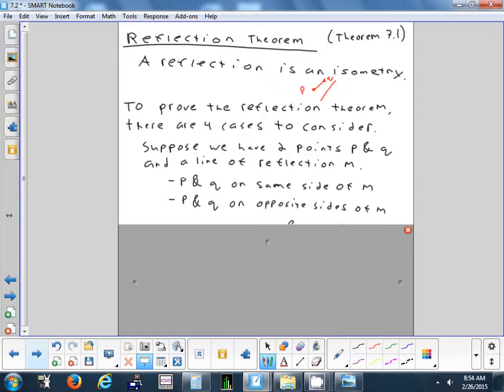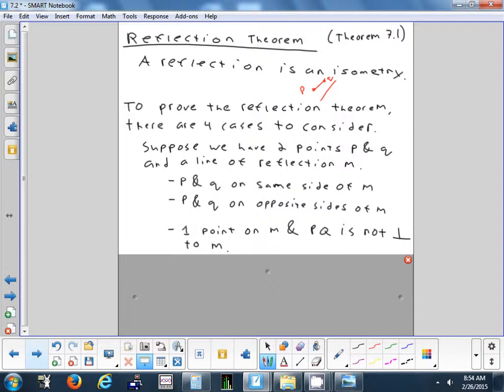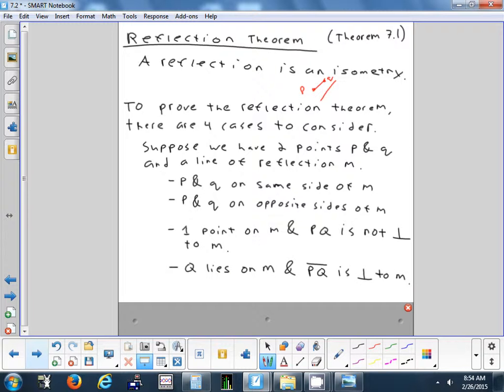P could be on one side of the line of reflection, Q on the other. You could also have one point that's on the line of reflection, and PQ is not perpendicular to M. And then you could have a point that is on the line of reflection, and PQ is perpendicular to line M.